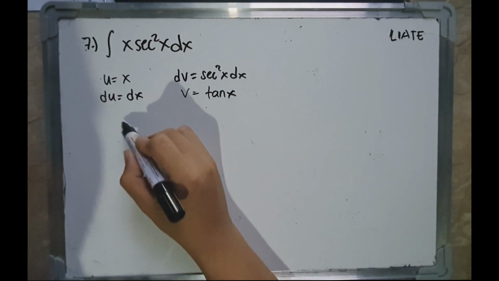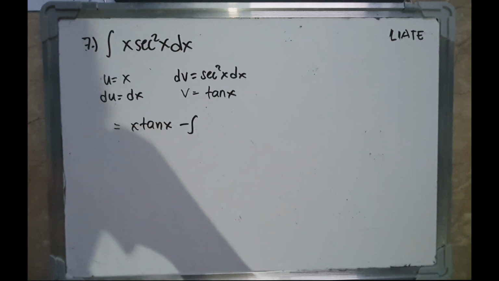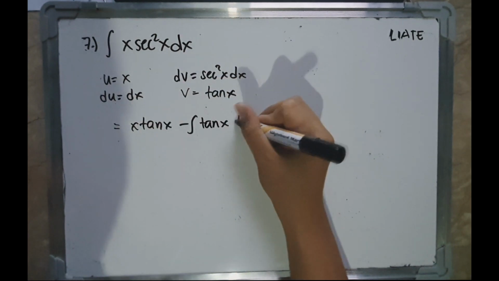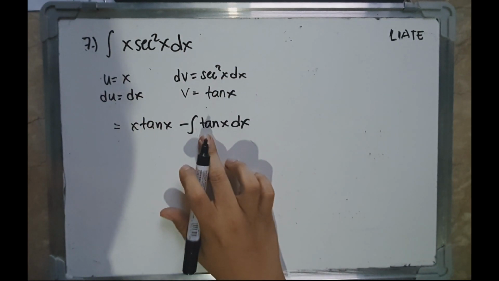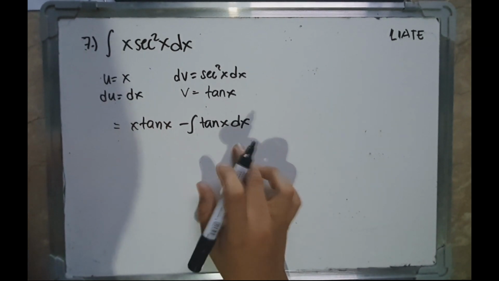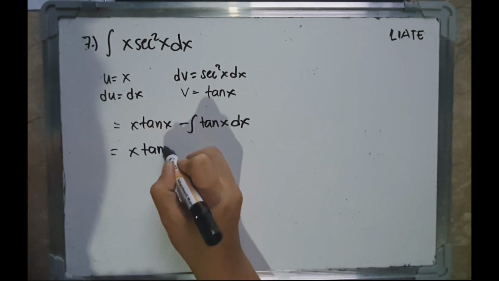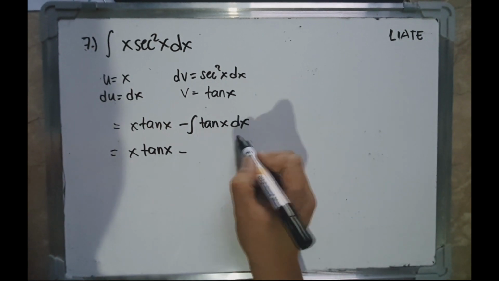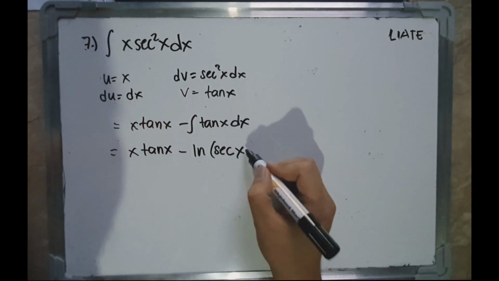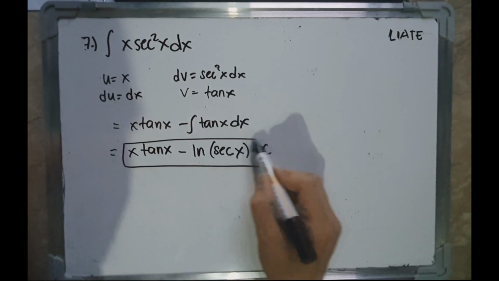U times v, x tangent x minus the integral of v du, tangent x times dx. The integral of tangent x dx from our previous video is equivalent to ln secant. This will be x tangent x minus this one, that is ln secant x plus c.